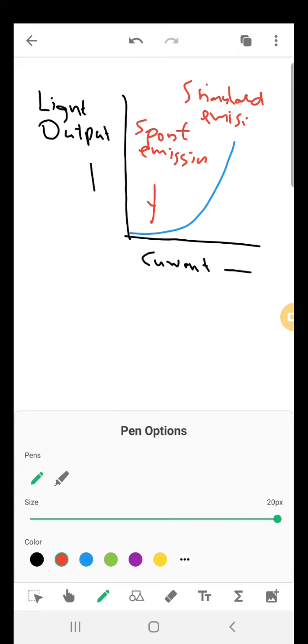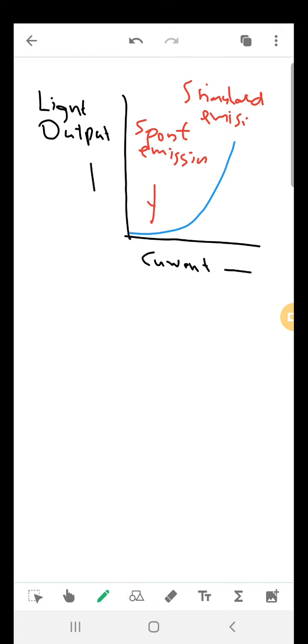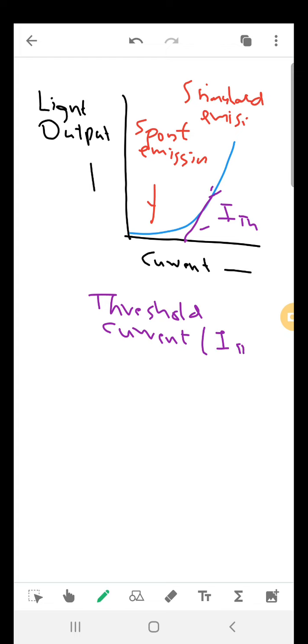And if we draw a tangent, this is the threshold current.